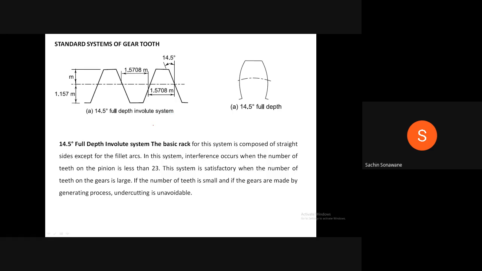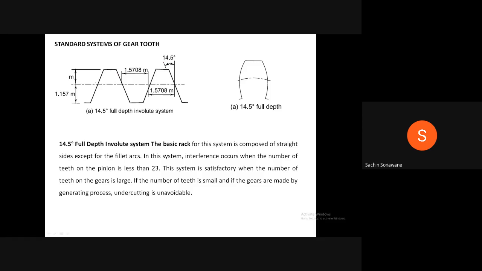Now, how to identify 14.5 degree? Now, these teeth are of rack gear. You know gears are manufactured by using two methods, that is gear hobbing and gear shaping. In case of gear hobbing process, hob cutter is used, and in case of gear shaping process, rack cutter is used.